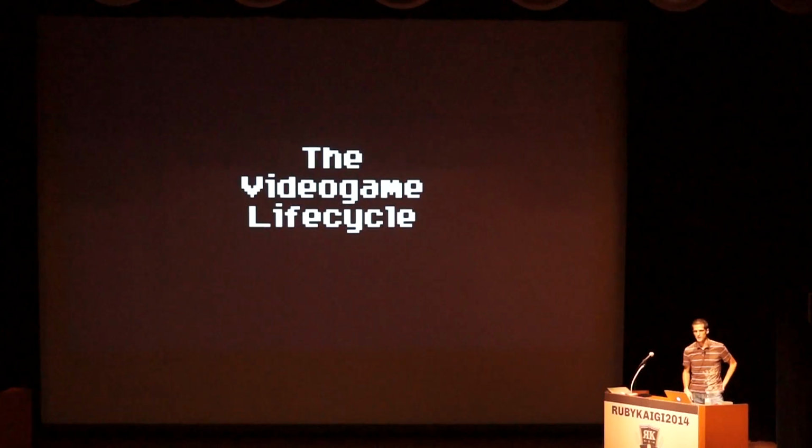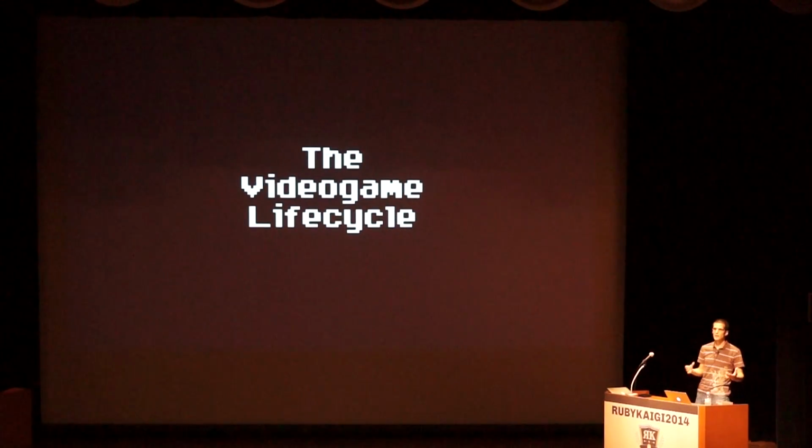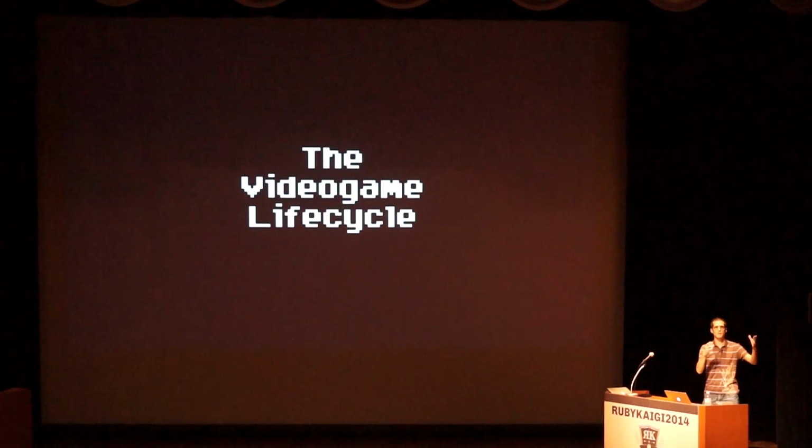But the game that we're looking at today is a game that I have back at home. And the interesting thing in the video game life cycle is this. The typical video game life cycle for the average person is that they read about a game in a magazine that's going to be coming out at some point.